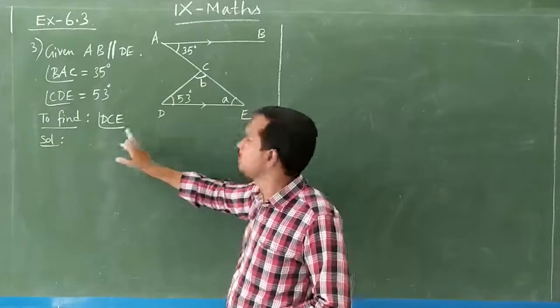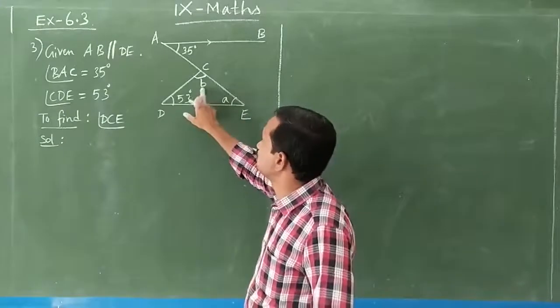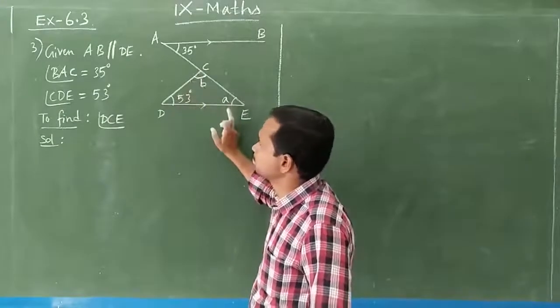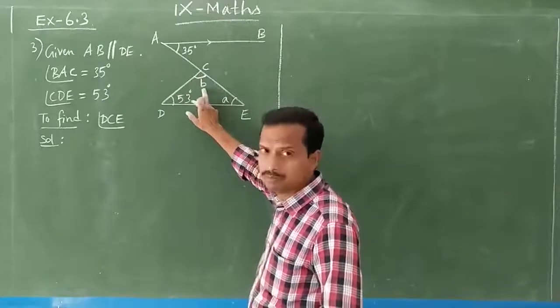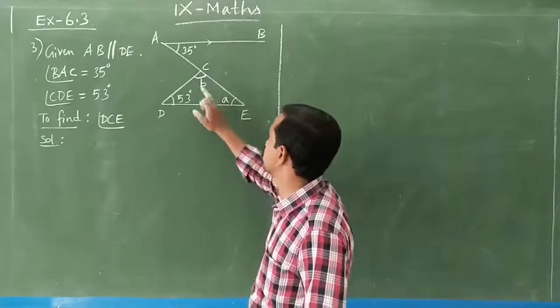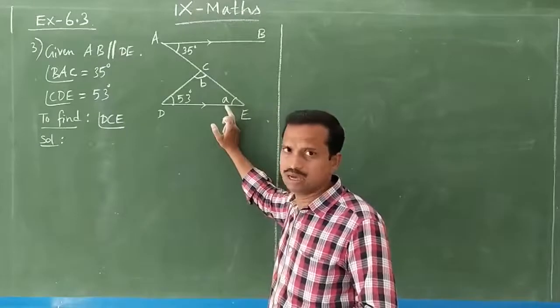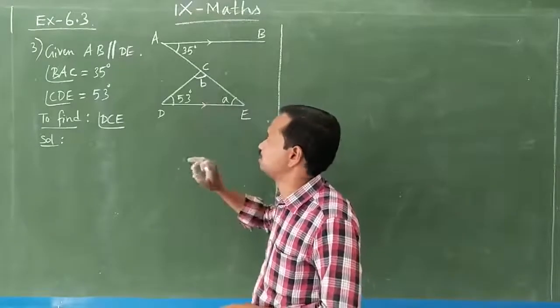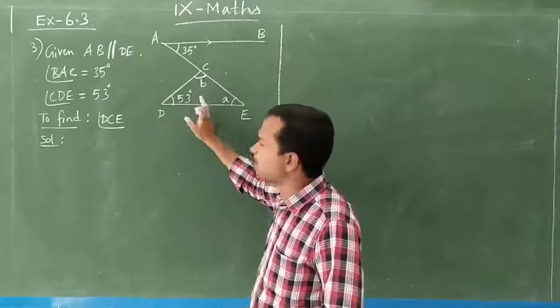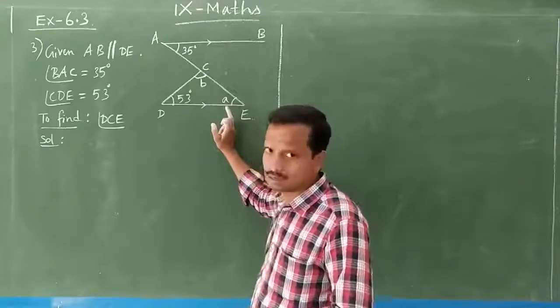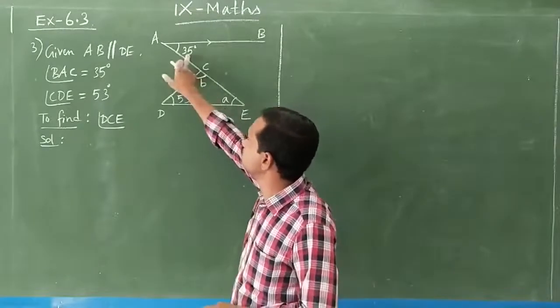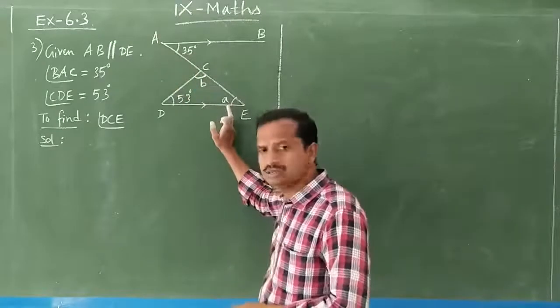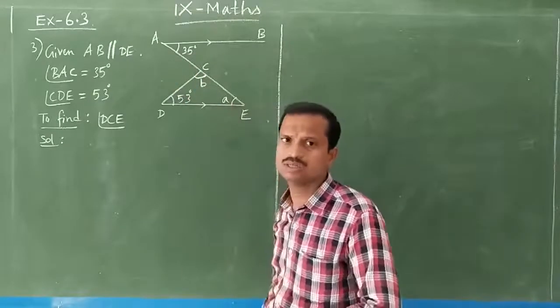DCE I named as angle B, and this angle DEC I named as angle A. Sorry, you just take the angle A and angle B. DCE means angle B and DEC is angle A. So now this 35 degree and this angle A, can you say what pair of angles?